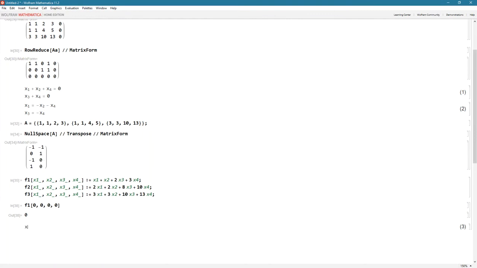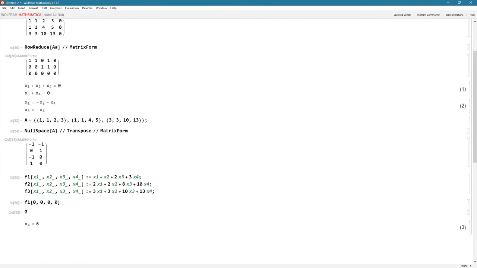So let's make x sub 4 equal to, let's say, 6. And we're going to make x sub 3 equal, say, negative 3. And remember, this was in reversed order, so this first one was x4, and the second one was x sub 2. So let's just do that and see where we get to.